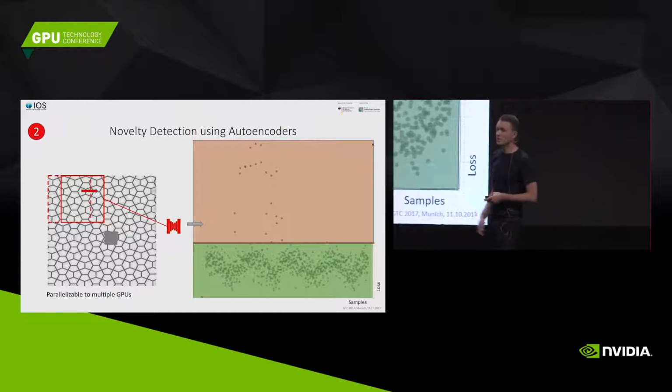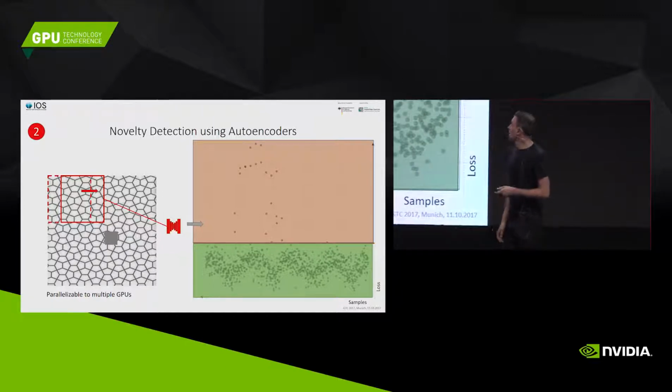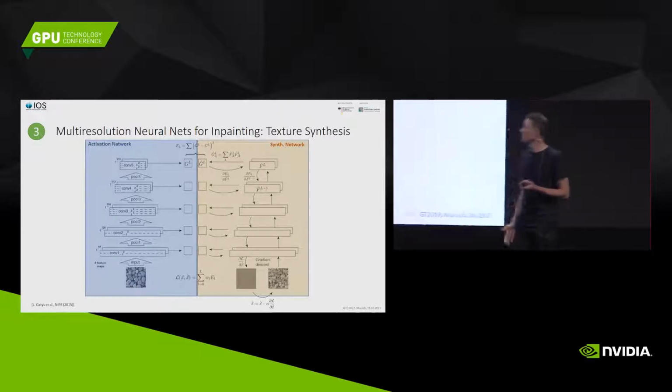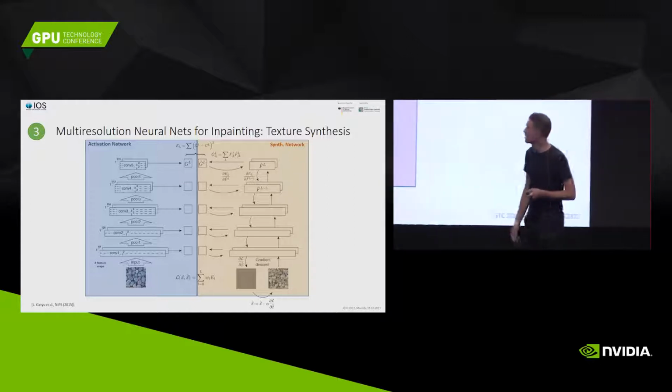And that's the orange dots here, and the green dots here are our healthy windows, our healthy texture. So we now know where the defect is located on our height map, and we now want to reconstruct or in-paint our defective region. And what we use for this is something that was developed in Tübingen by a group around Leon Gatys.